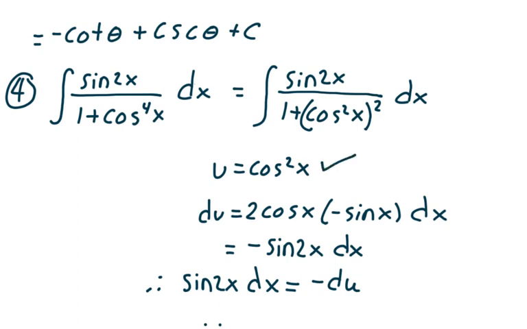Let u equal cosine squared x. By the chain rule, du is 2 cosine x times negative sine x dx. And this is equal to negative sine 2x dx. If I move the negative over to the other side, I get sine 2x dx is negative du.